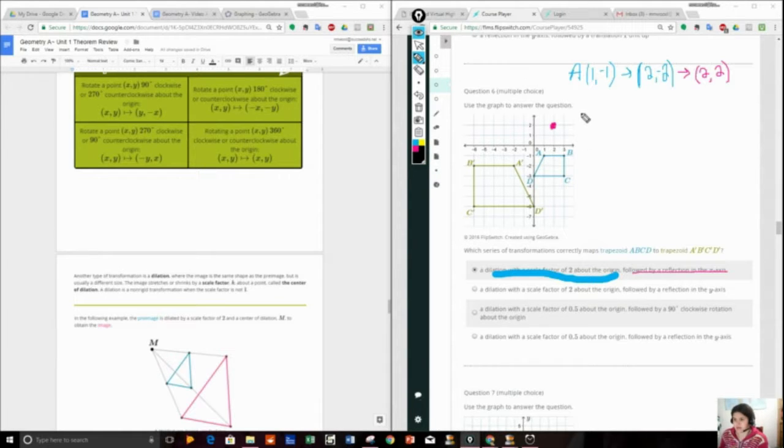Here's our second way to check. We have A at 1, negative 1. We do the same thing for our dilation. It says a scale factor of 2, so we're going to have 1 times 2 is 2, and negative 1 times 2 is negative 2.